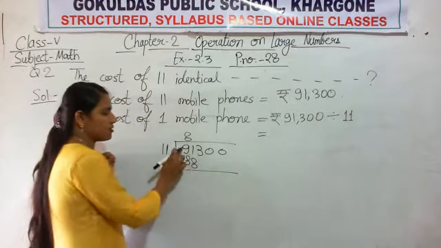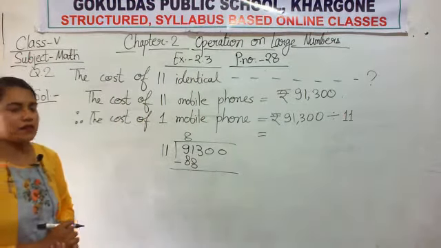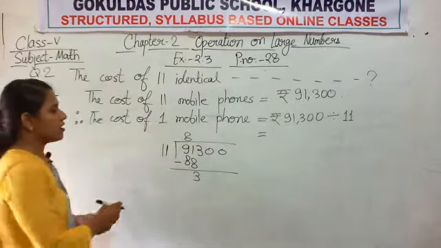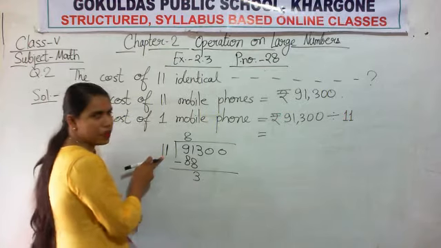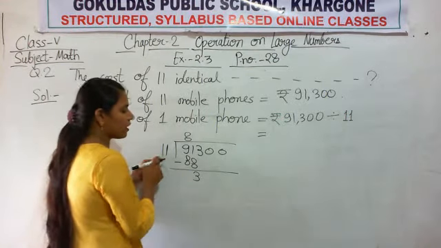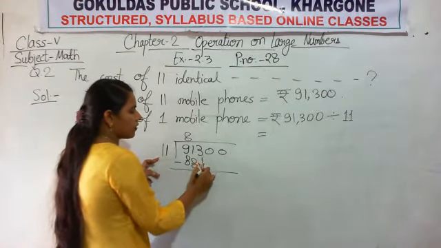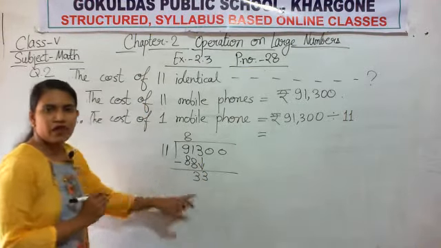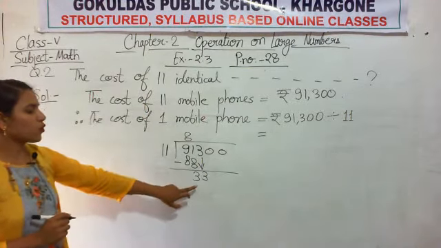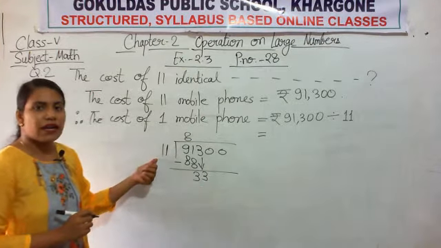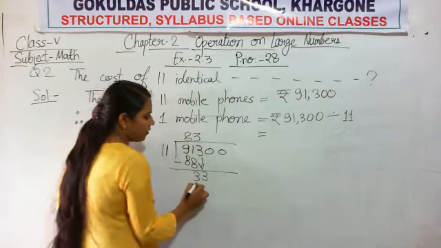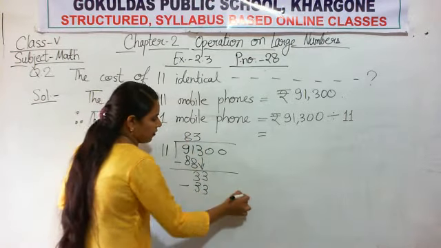Now subtract this. 91 minus 88 is 3 left over here. Now this 3 is smaller than 11, so you cannot divide it. So for further dividing you will bring down this 3 over here. Okay, now you know that 33 comes in the table of 11 in 3 times. So 11 3s are 33.